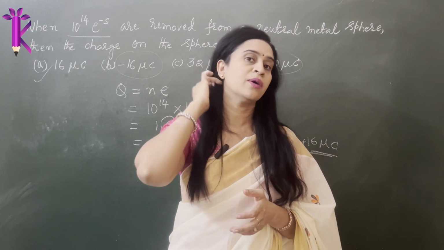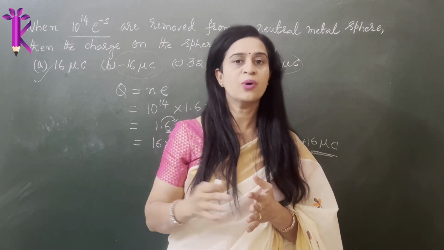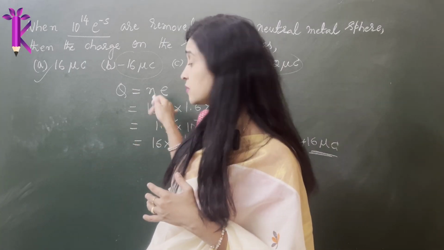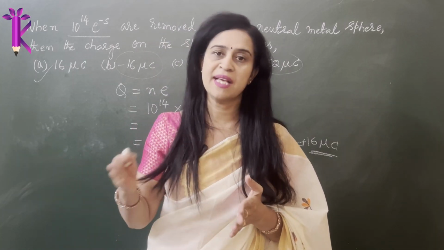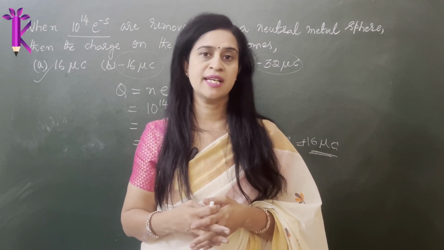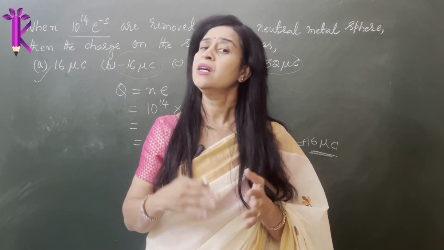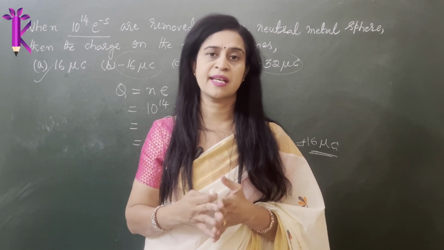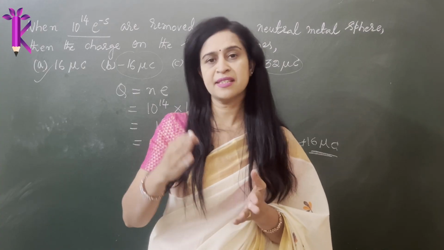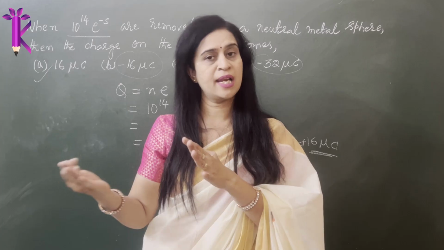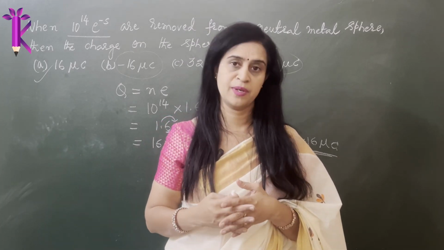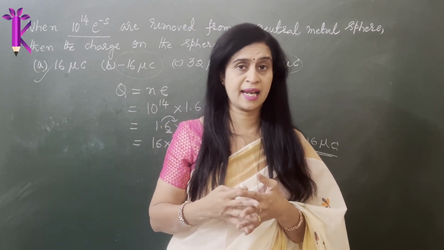So if you know the formula, you can directly do it. If you know how to shift the decimals, know the thumb rule that I've been teaching you in all my sessions, then you can figure out the answer. And here you can do it within a matter of 5 to 6 seconds, max 7 seconds. There you will be saving a lot of seconds, and that can be utilized for any other difficult numerical which requires a lot of mathematical calculation.